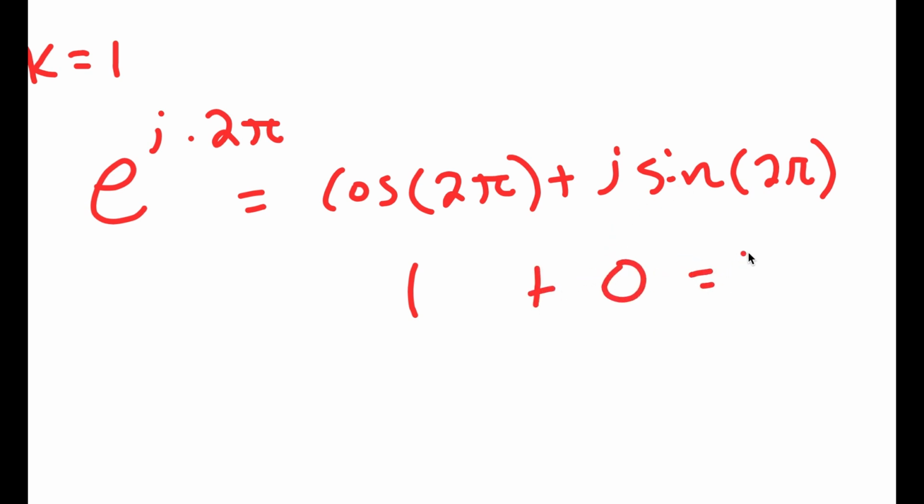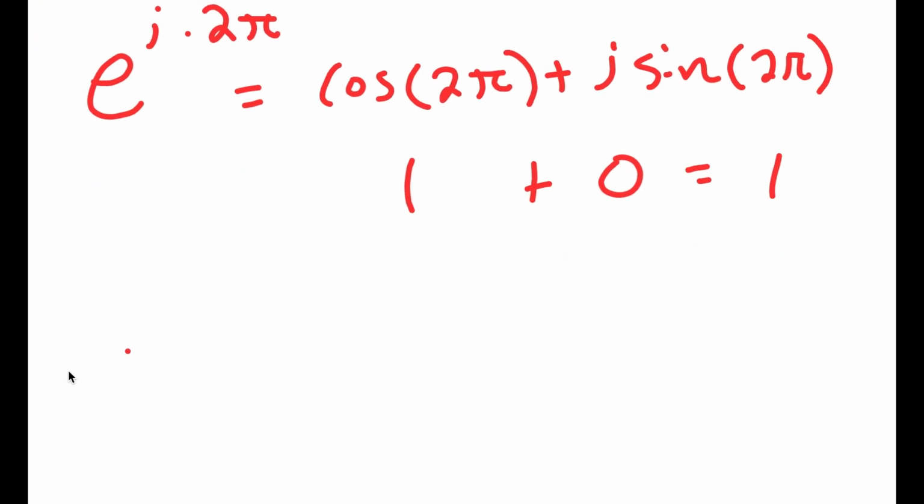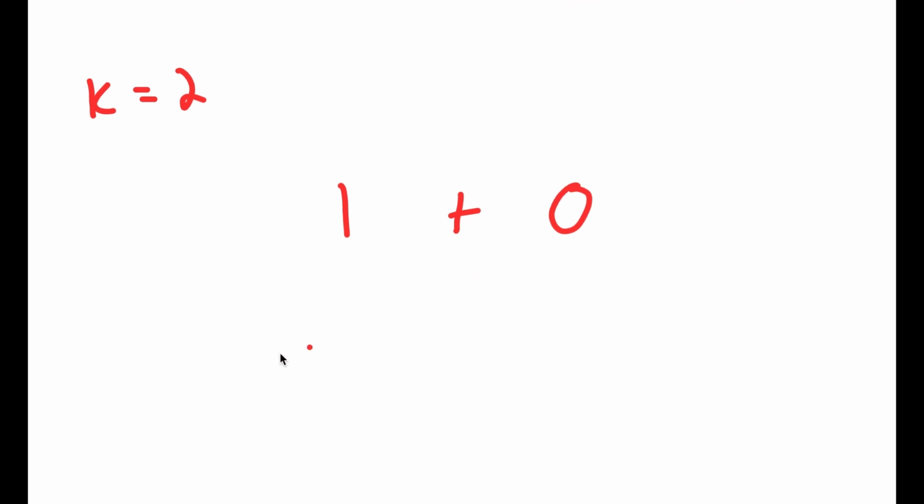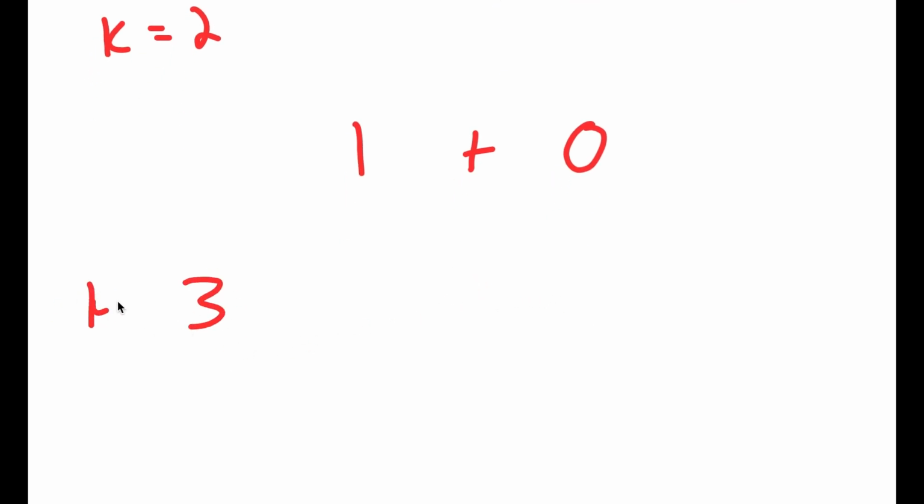So I get this is equal to 1. Now, if k is equal to 2, I would get cos of 4 pi plus i times sine of 4 pi. Cos of 4 pi is 1, and i times sine of 4 pi is again 0. And if I do the same thing with 3, I would again get 1 plus 0.